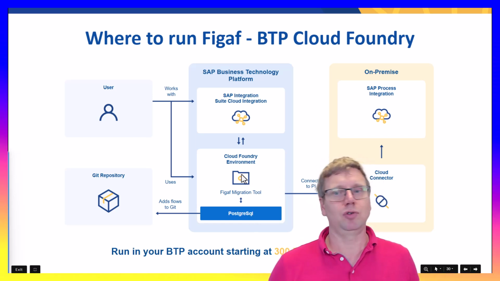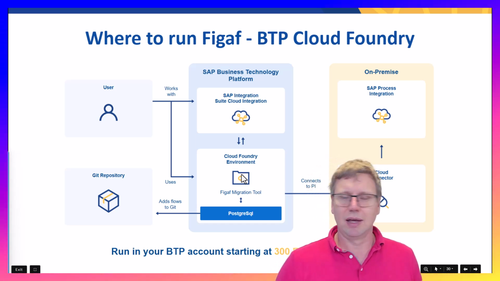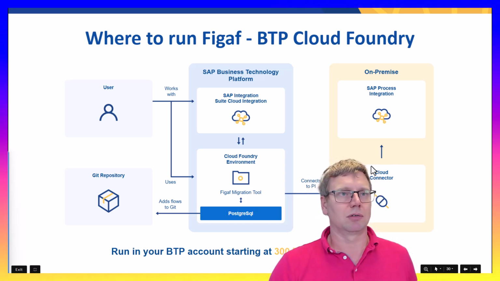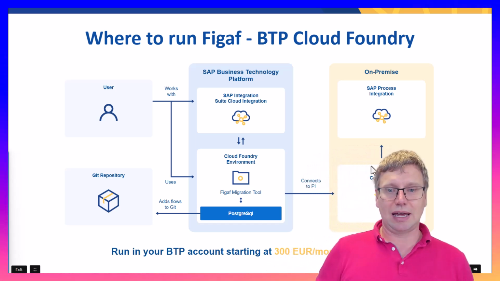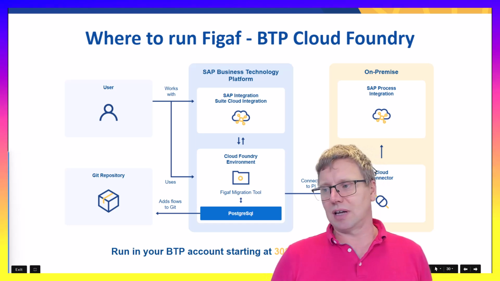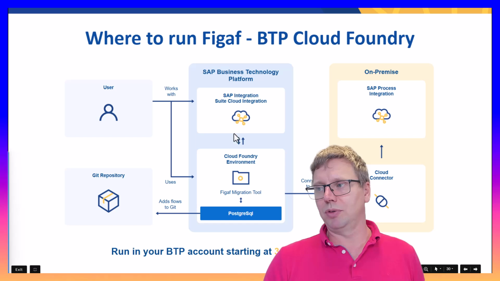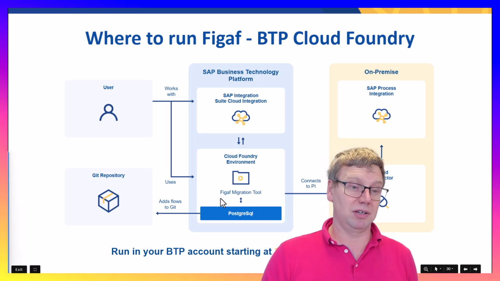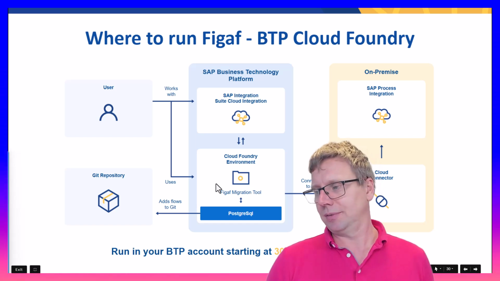And then we have 2 Docker images that you just deploy with the Cloud Foundry tool. You connect it via Cloud Connector to the on-premise PI, and that's an easy way to get started with this. And then users would work both in CPI, cloud integration, and in the Figaf tool, depending on the different tasks.